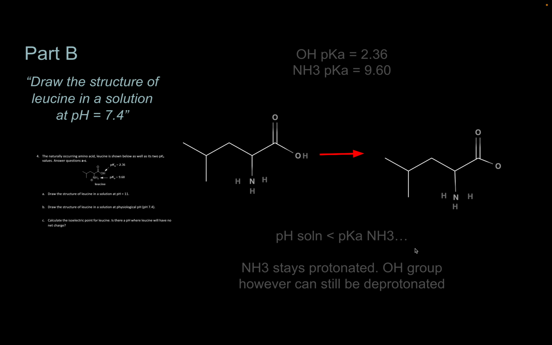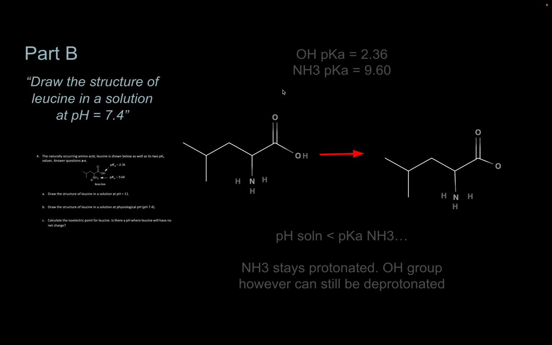Moving on to part B, we're told to draw leucine at a pH of 7.4. It's harder to just eyeball this one without pKa values. So the OH pKa is 2.36, and the NH3 group pKa is 9.60. What does this mean?